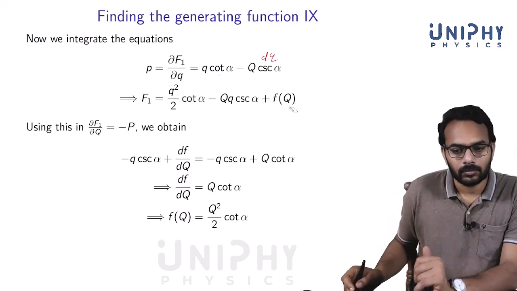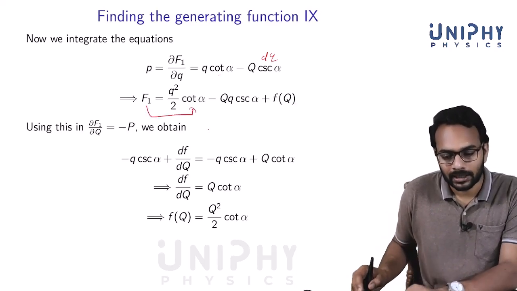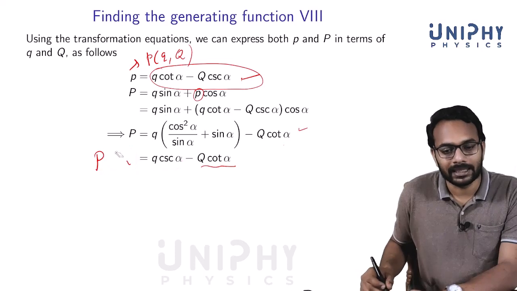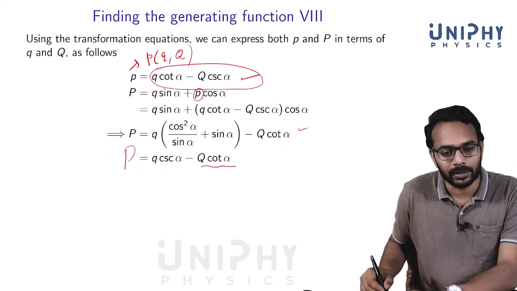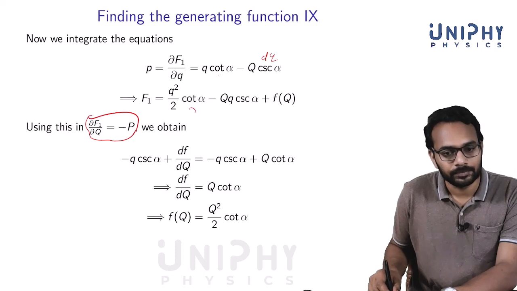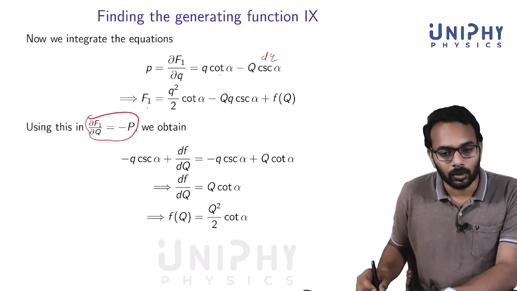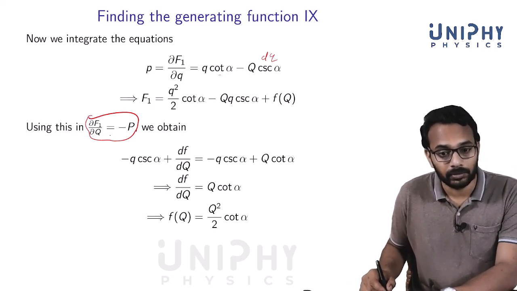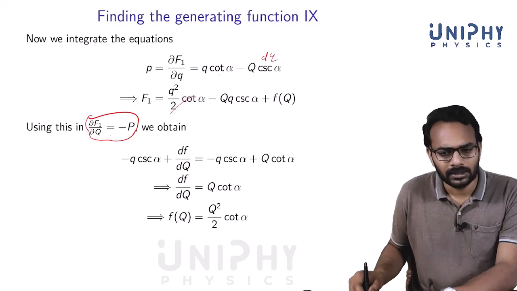We take this as f1 and then check whether we'll get this particular equation for capital P. So you substitute in here. We have got dou f1 by dou capital Q has to be minus P. So you find dou f1 by dou capital Q from here. This term doesn't appear here. It comes minus q cosecant alpha.